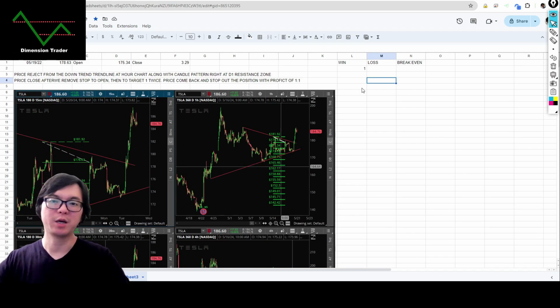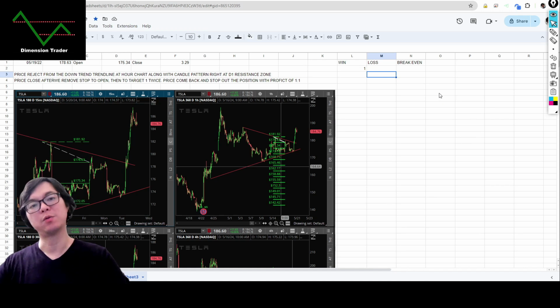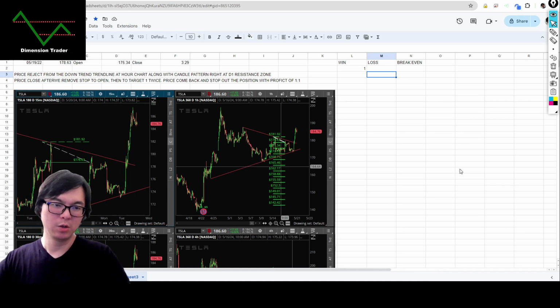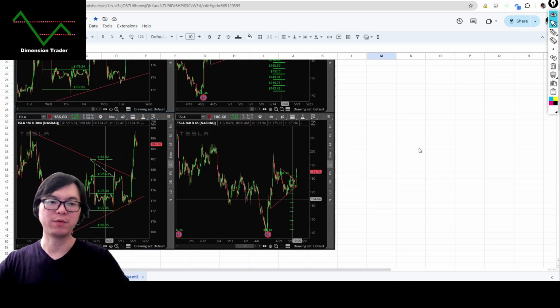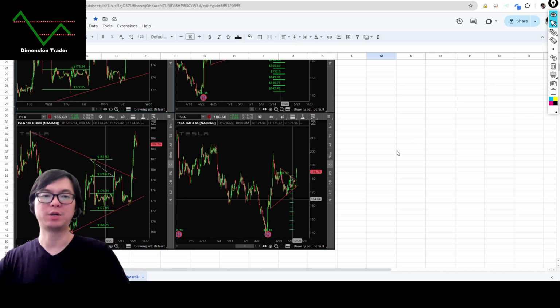So next time when we're doing the short and the price is moving in our favor, we always want to look out if there is any long position that's against our current one.